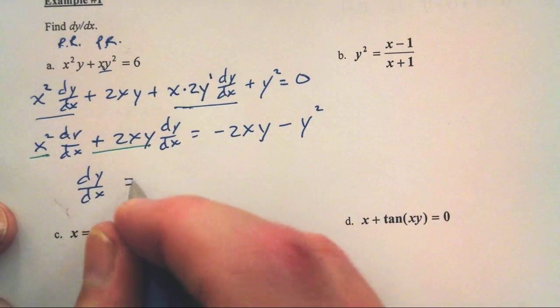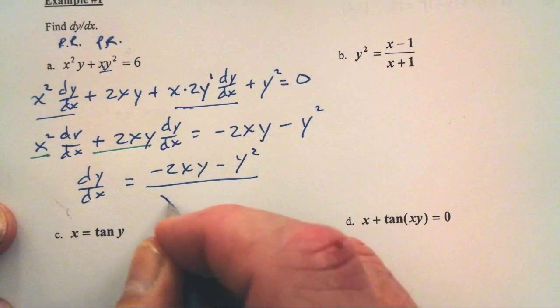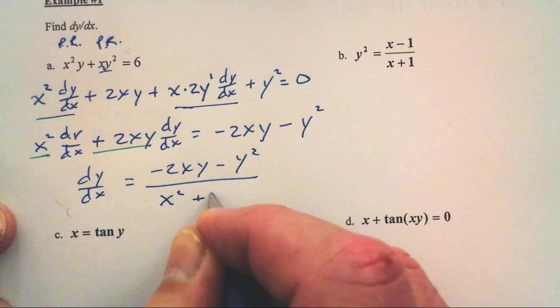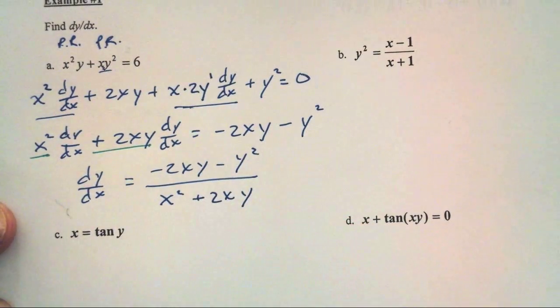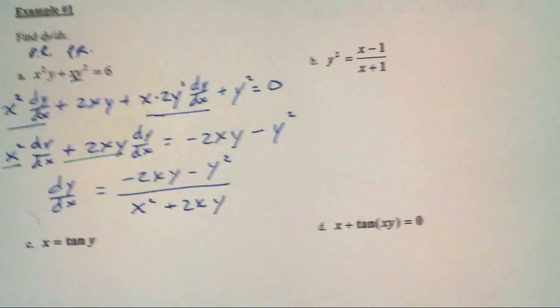So that becomes negative 2xy minus y squared over x squared plus 2xy. Nothing cancels, and we got it. All right, hope that makes sense to you. Let's start moving through these.